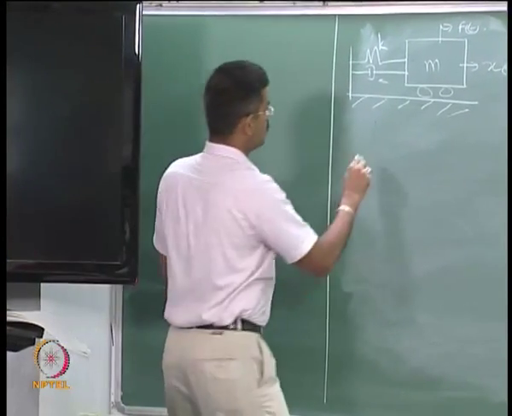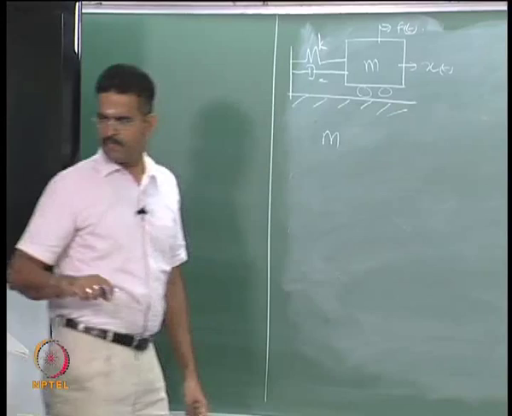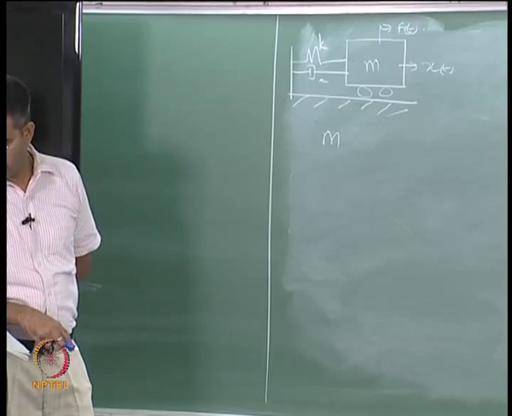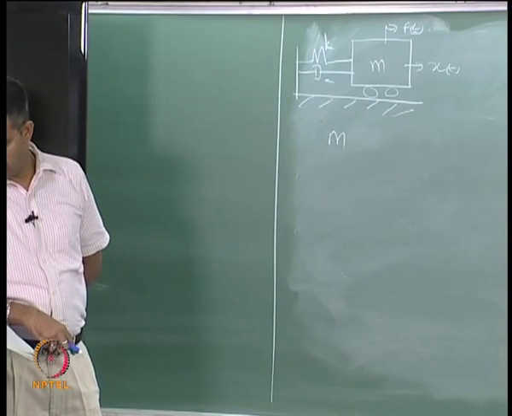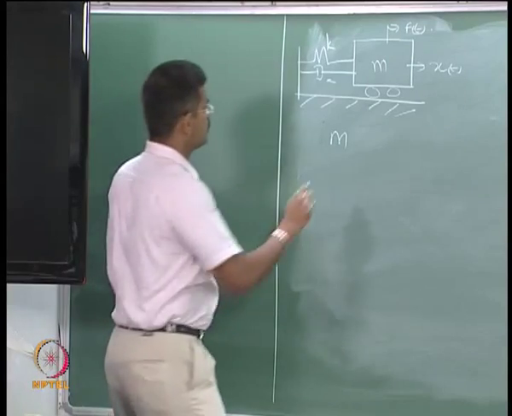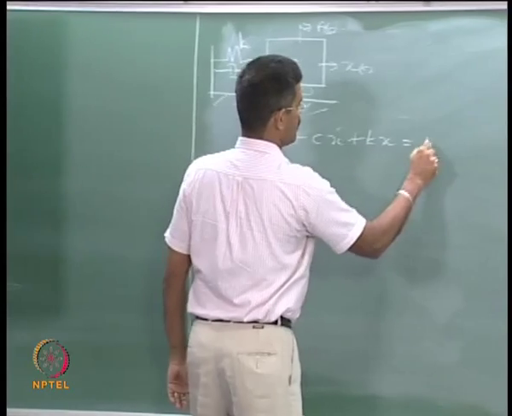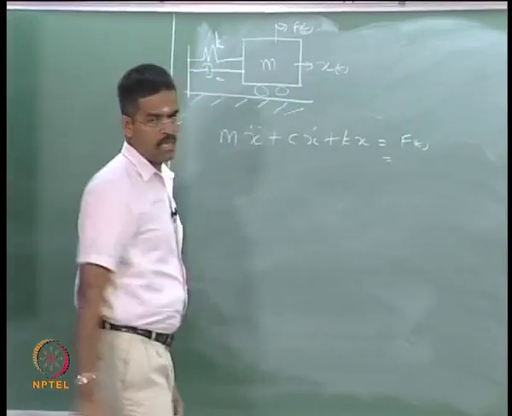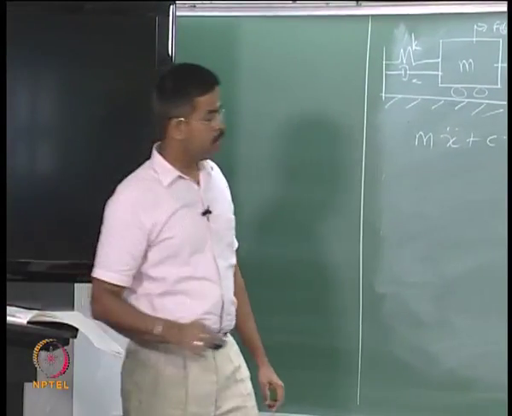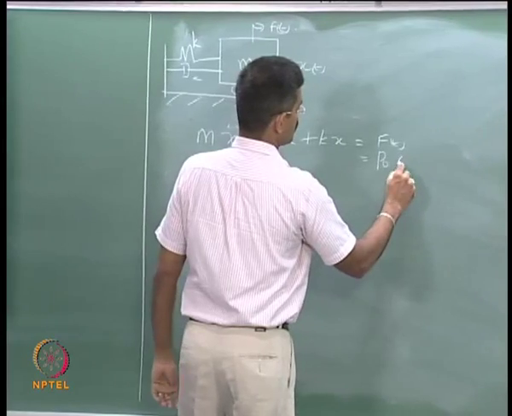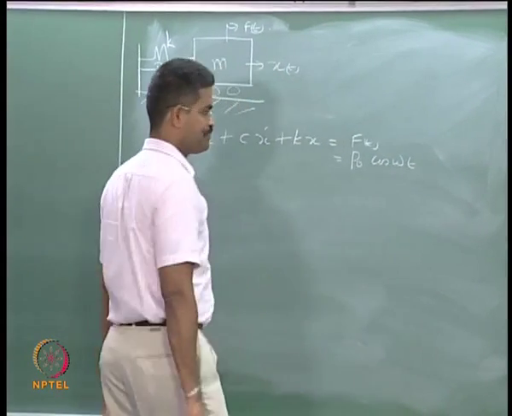We already know mx double dot plus Cx dot plus Kx is f of t. In my case I take this value as P0 cos omega t, some harmonic function.